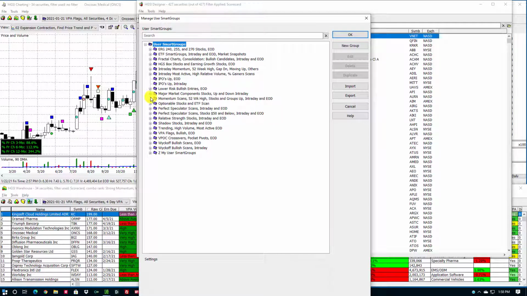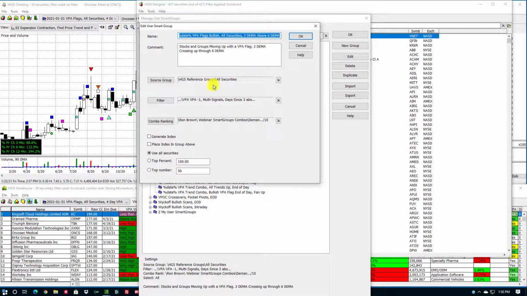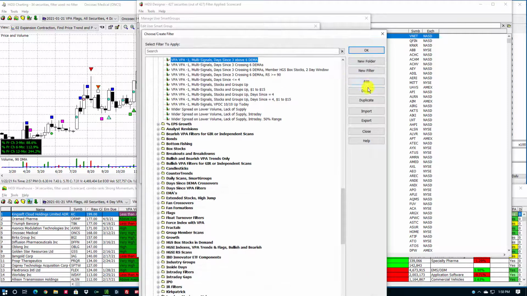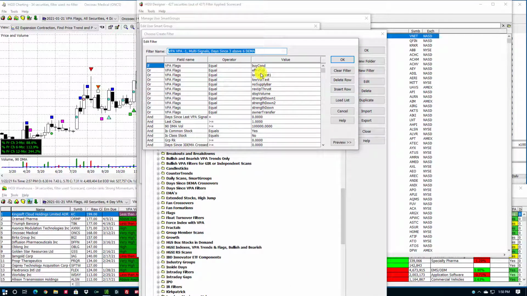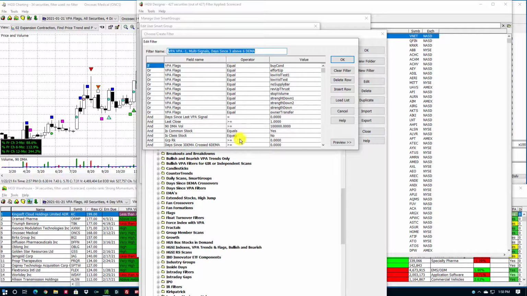If I can locate it right here, I'll edit this and go into the filter. So the 3 is above the 6. To get this, this is the line right here: days since the 3 crossed the 6 is greater than or equal to 0.